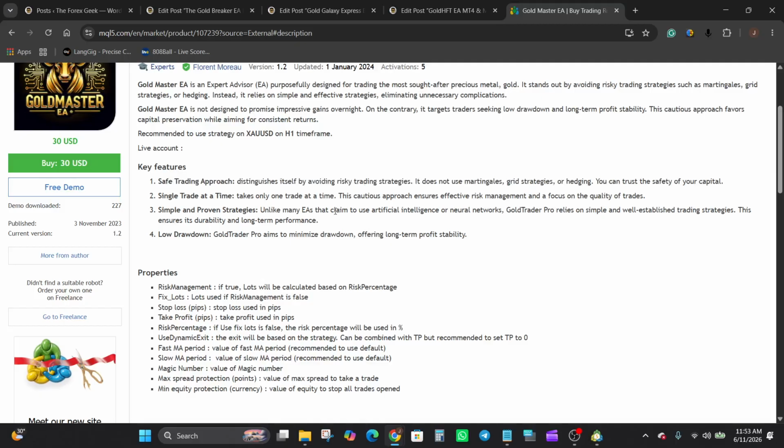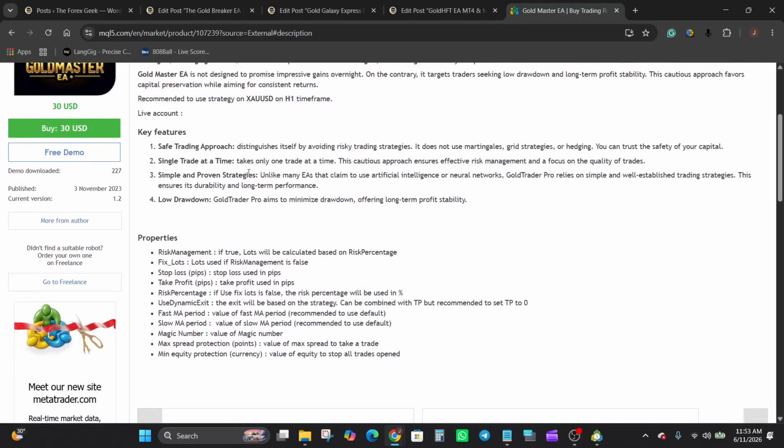Another key point mentioned is that it is not built for aggressive short-term gains. Instead, it focuses more on low drawdown and long-term stability, which suggests the goal here is consistency rather than high frequency profit spikes.